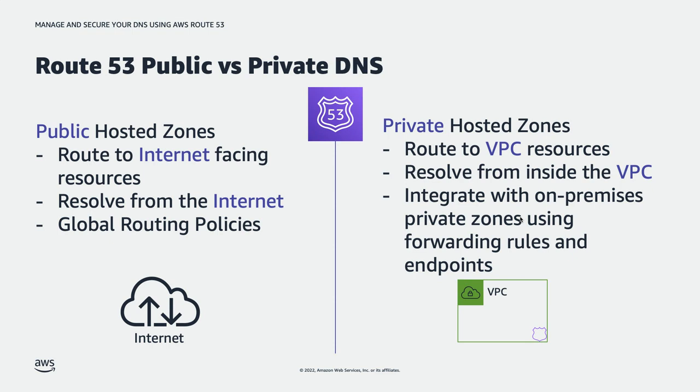So instead of changing the application code to point to the new domain name, you can just change a value in Route 53, and your application will automatically be redirected to the new RDS endpoint, which is just one example. There are many more for using private hosted zones.